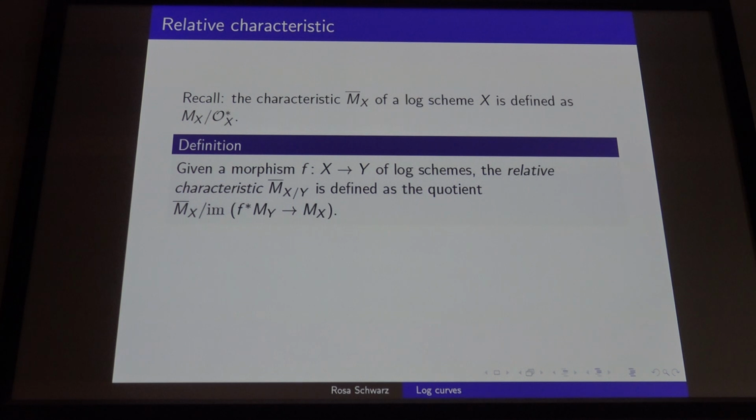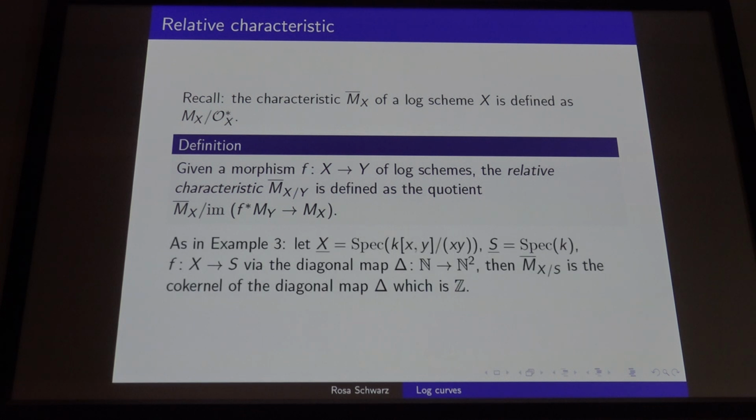But you also have something called the relative characteristic, which is defined as the quotient, oh, I think there's a bar that should not be there, where you quotient out the image of the map of monoids that comes with your morphism of log schemes.